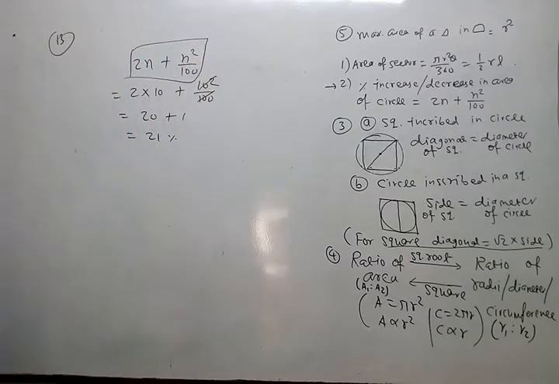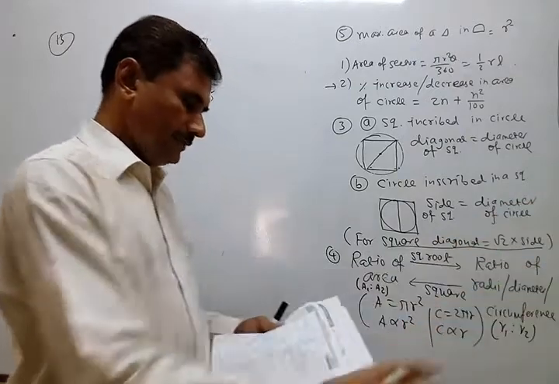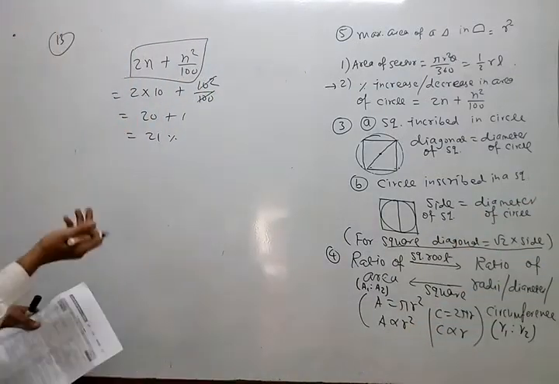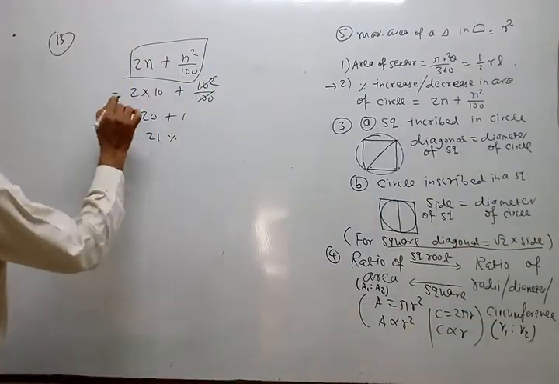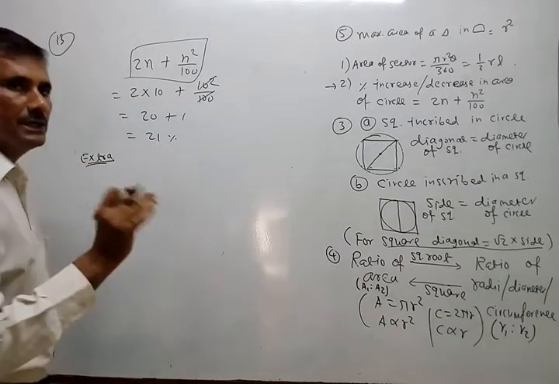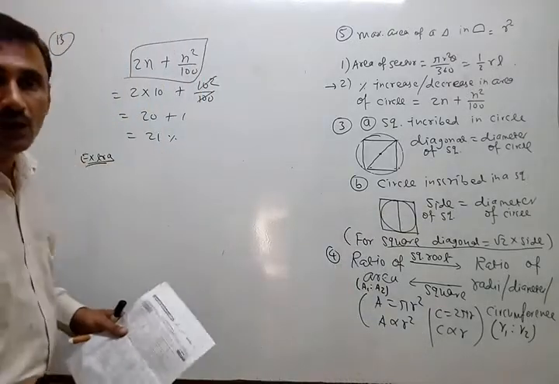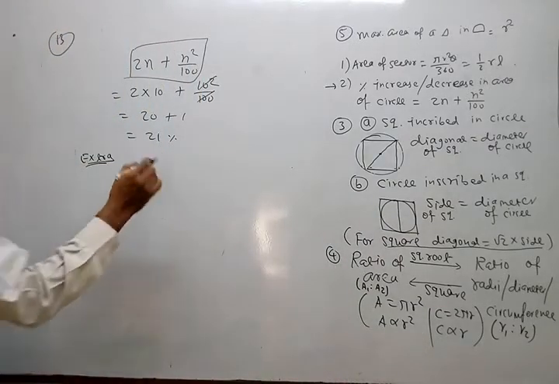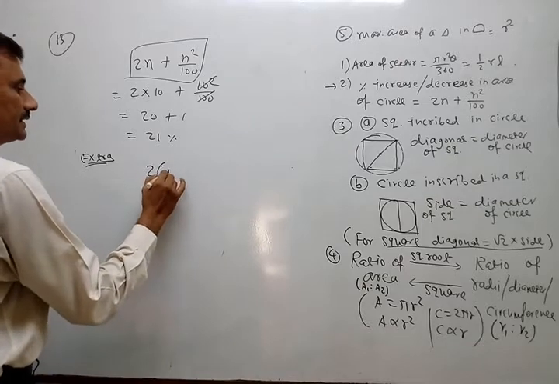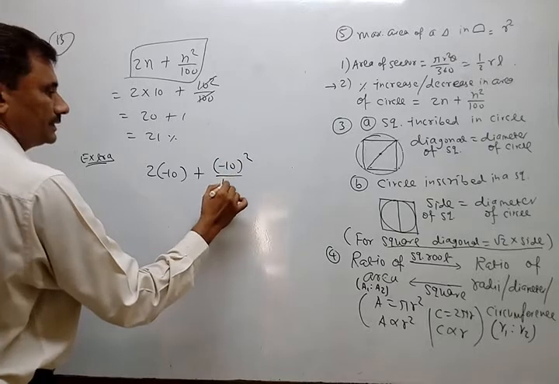Just as an extra, suppose you are given a 10% decrease, then what will be the answer? Suppose instead of an increase there is a decrease, then how many percent decrease in the area of the circle? So write down here minus 10 plus minus 10 square upon 100.